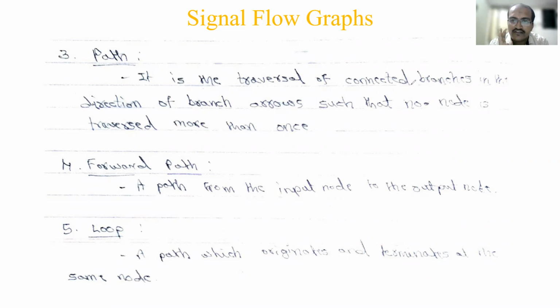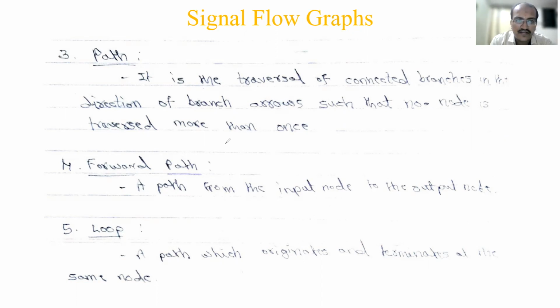If you go straight, you will reach Kumta, right? The same thing in the control system: you will have multiple paths. It is the traversal of the connected branches in the direction of the branch arrows such that no node is traversed more than once. So you should not take a round here only. You should traverse to your destination. Such a thing we call a path.